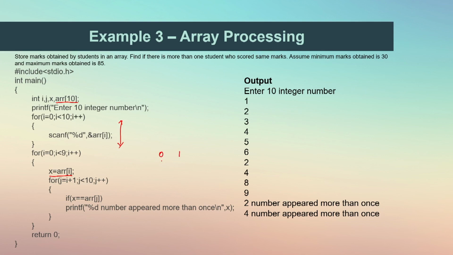It means I am taking the first element of the array and comparing it with the remaining elements of the array. Supposing 23 is in the first location, the first subscript, the value 23 will have to be compared with all the other remaining elements to see if there is a match.